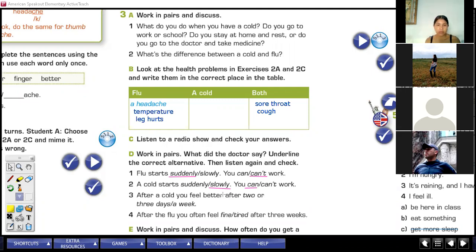Very good. 2 or 3 days. And after the flu, you often feel fine or tired after 3 weeks? Tired. Very good. Okay, any question, guys, about this exercise?